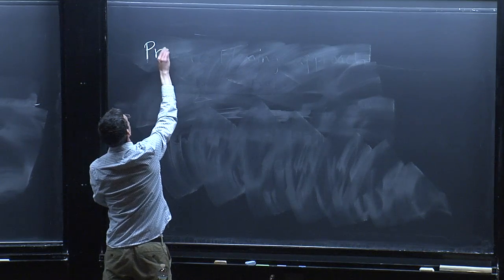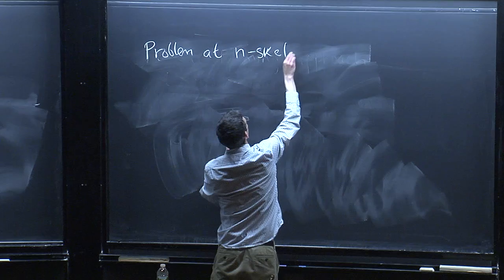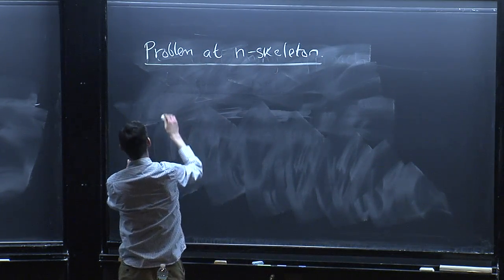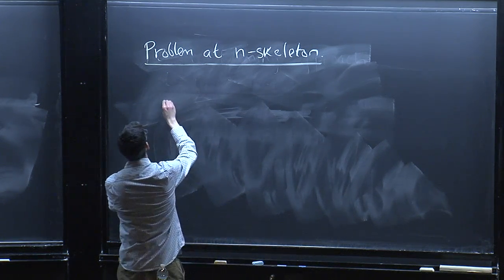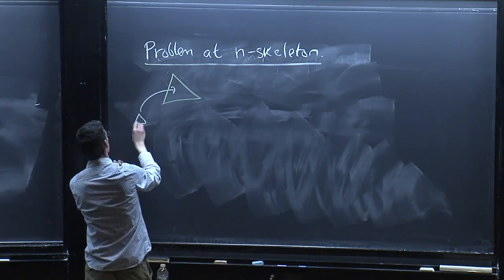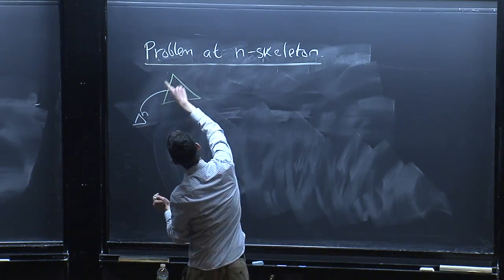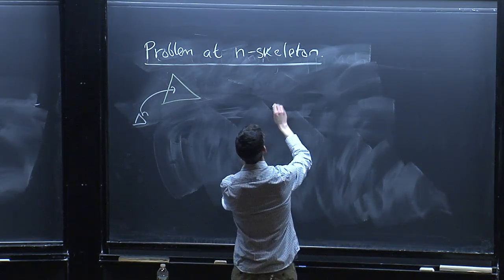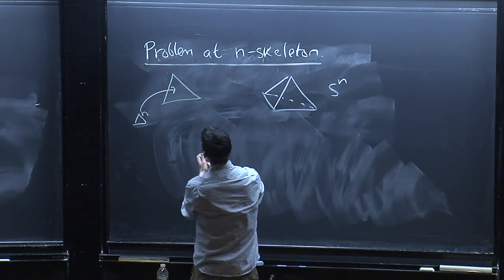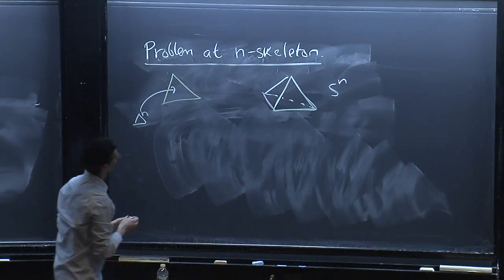So there's a problem at the n skeleton. Here I'll draw an n face. This is delta n, an n face. And we have a map Hn minus 1, which behaves nicely on the n minus 1 skeleton, so on the boundary of that face. So here's Sn. And the boundary of our face is mapped in some nice simplicial way into Sn.